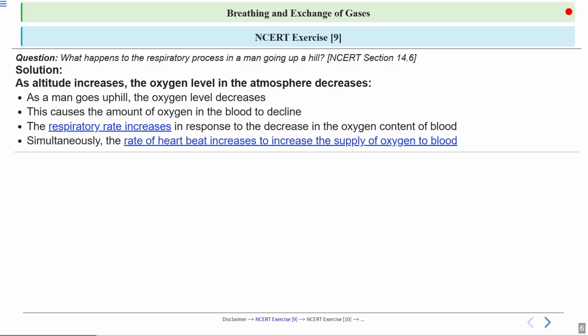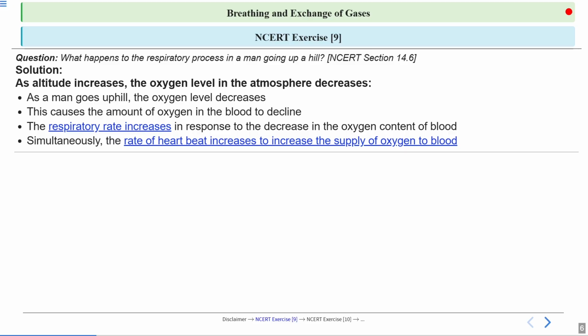Simultaneously, the rate of heartbeat increases to increase the supply of oxygen to the blood. Why is it related to the heartbeat? Because when you breathe more, it means there must be good circulation of blood in your body. How is it done? It is done by increasing the heartbeat rate.